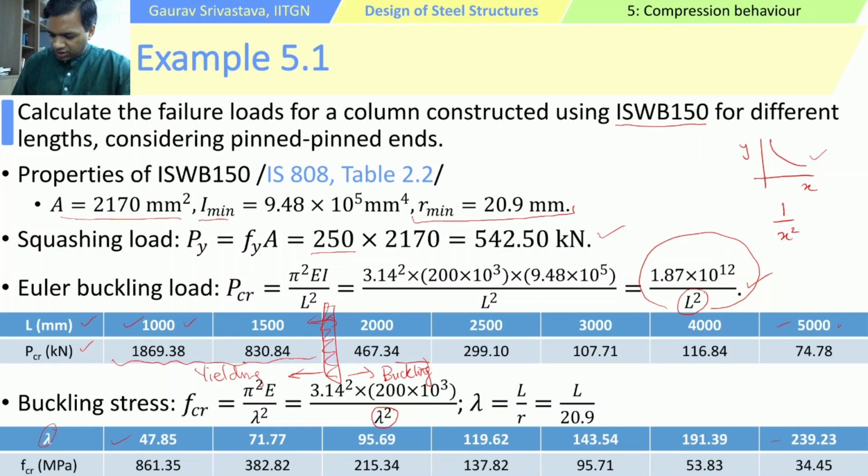So again, what we see is that, for a certain value here, right? So to the left of that lambda value, the failure is due to crushing or failure is due to squashing, right? Because the critical buckling stress is greater than the yield stress. So yield stress will be achieved first. But towards the right, the critical buckling stress is smaller than the yield stress, right? So before yielding can happen, buckling will take place.